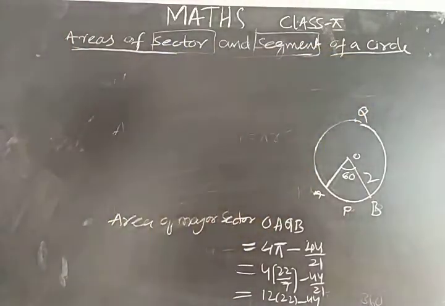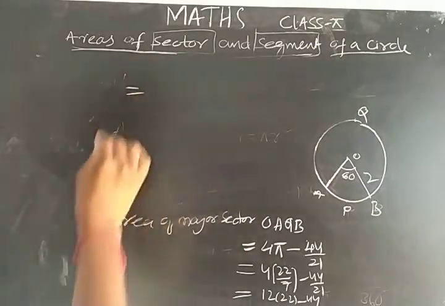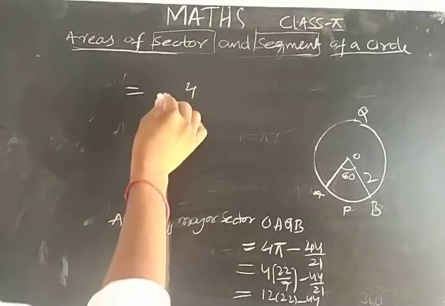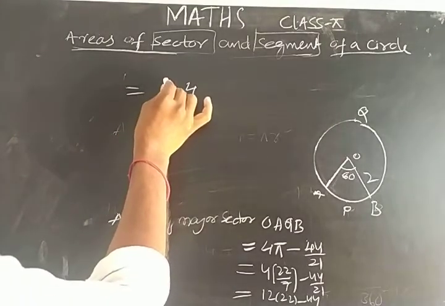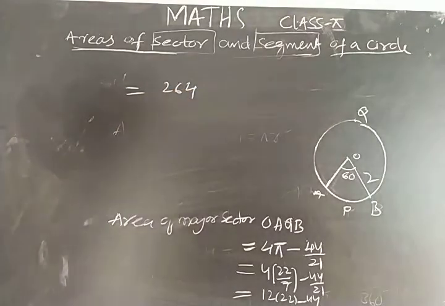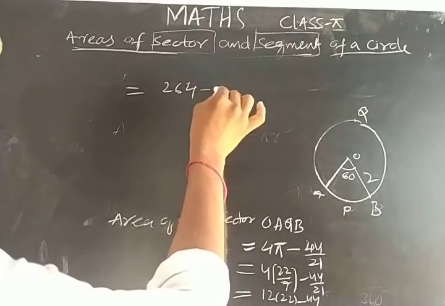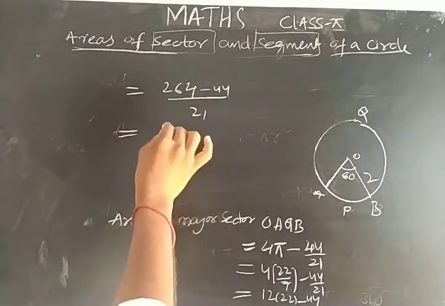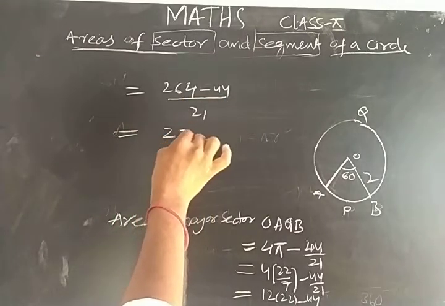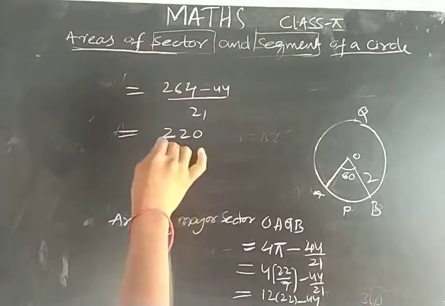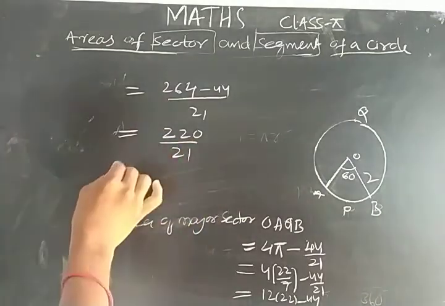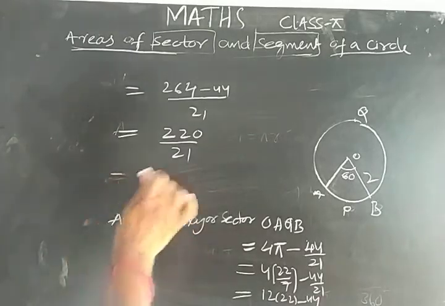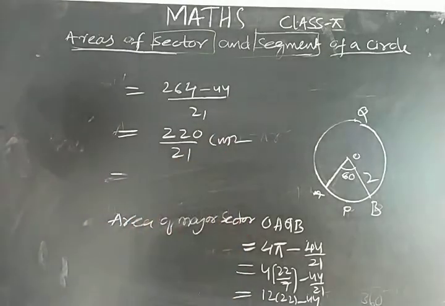What is the major sector area here? 12 into 22 is 264, minus 44 by 21, so it is 220 by 21. 220 by 21 centimeter square is the major sector area.